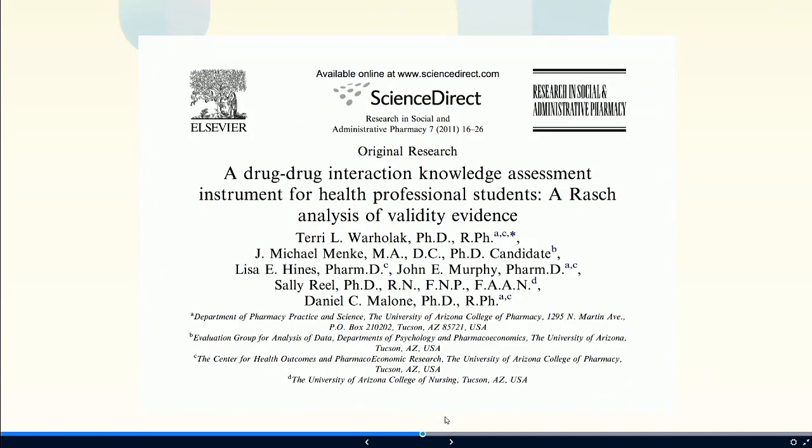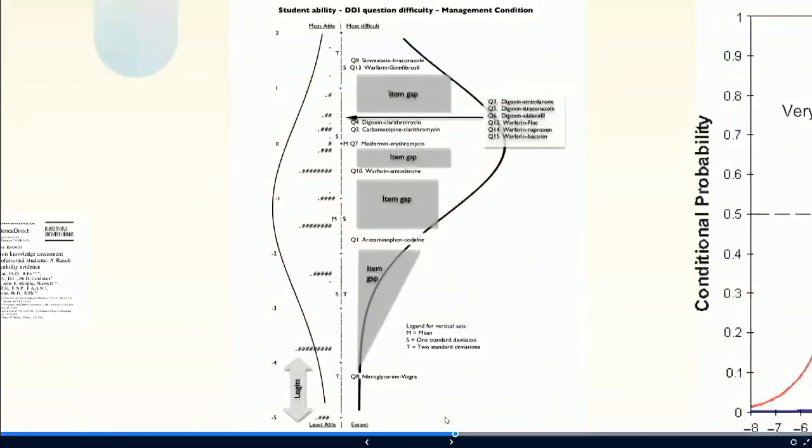A quick example is work that I did with the pharmacy department at the University of Arizona, which I showed briefly last time. We were looking at knowledge of drug-drug interactions, comparing nursing students to medical students to pharmacy students.